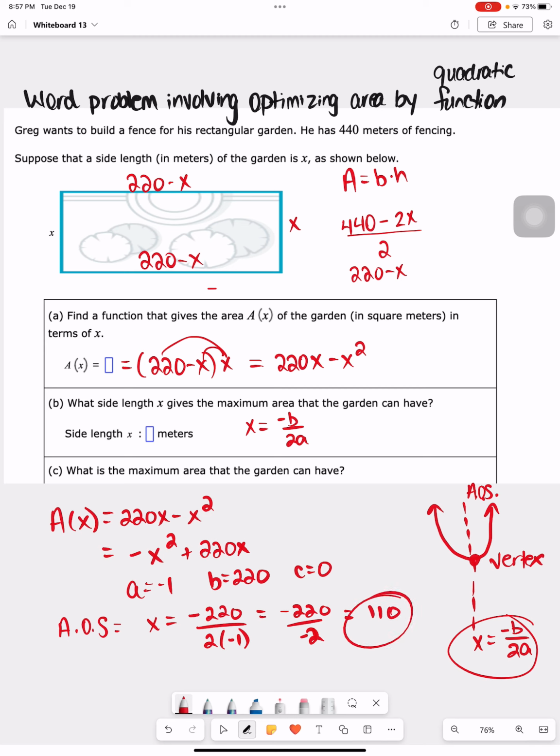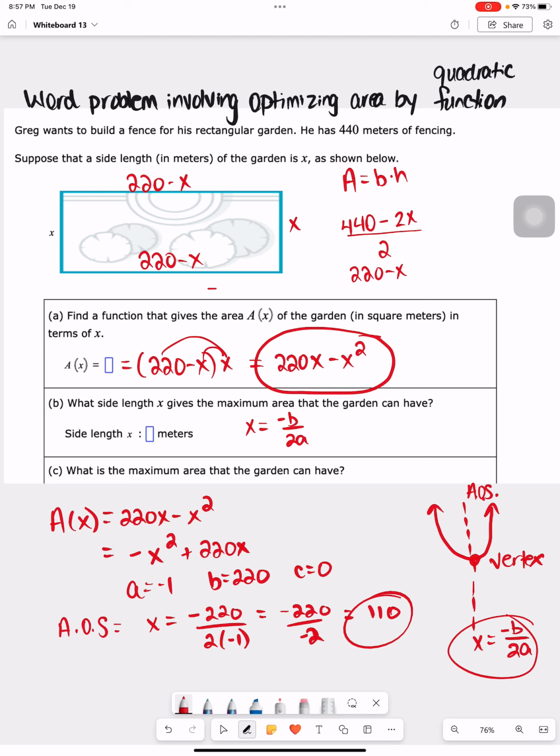110. So it's asking at what side length x gives the maximum area. I should probably back up. You can imagine that if you graph this, that function represents possible areas that the rectangle would have in relation to the length of x.